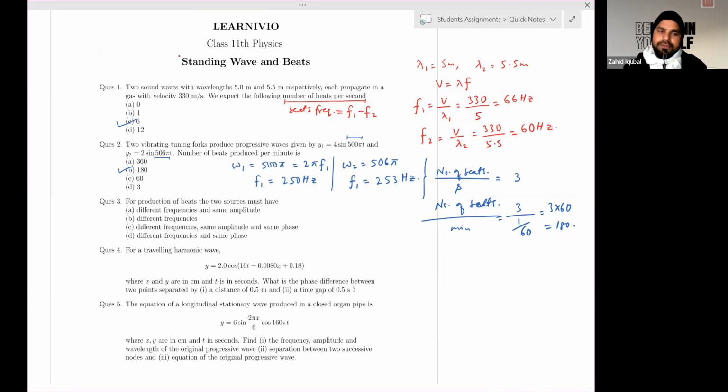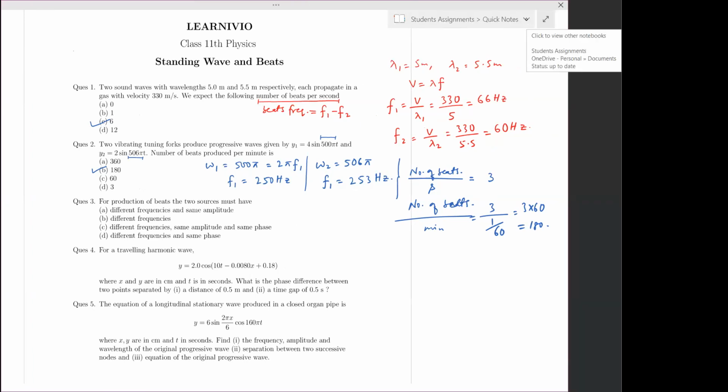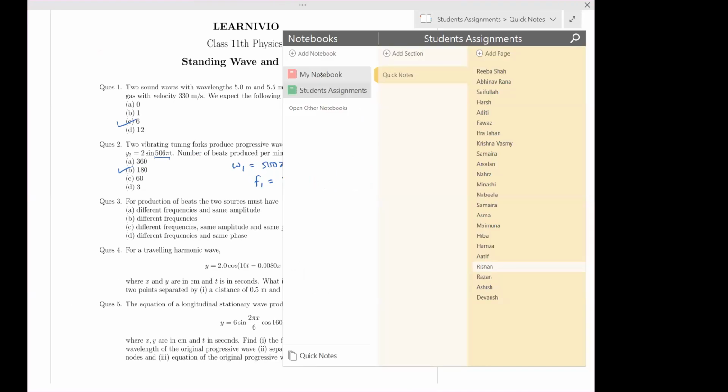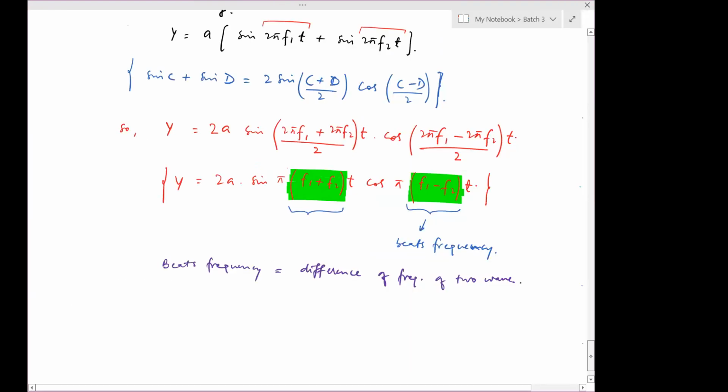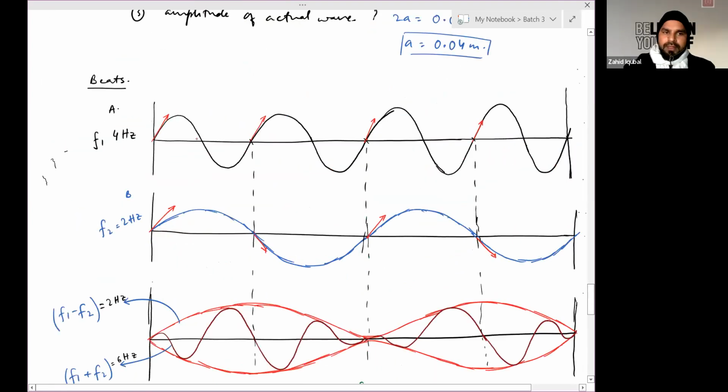Atif, we have to check which is the most correct answer. In this part, we have taken two waves having different frequency.